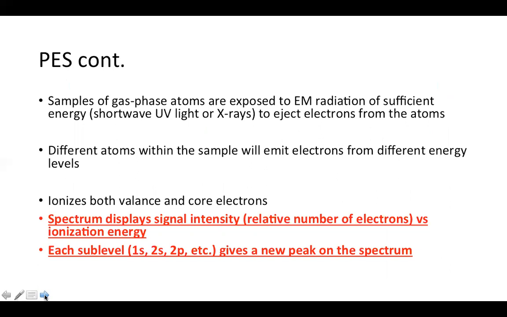These spectrums are going to display either signal intensity or the relative number of electrons along the y-axis, and then ionization energy, or it might be called binding energy, or some kind of energy value along the x-axis. And again, each sublevel is going to give its own peak because each sublevel has its own energy value associated with it.